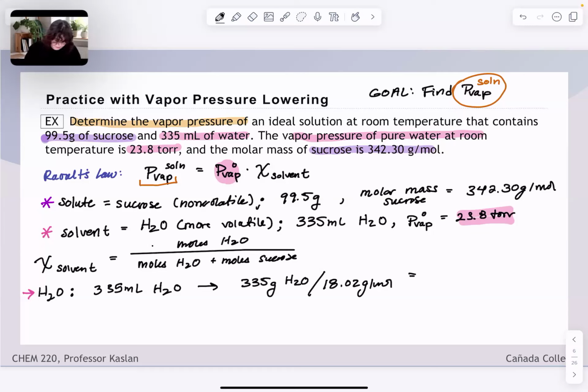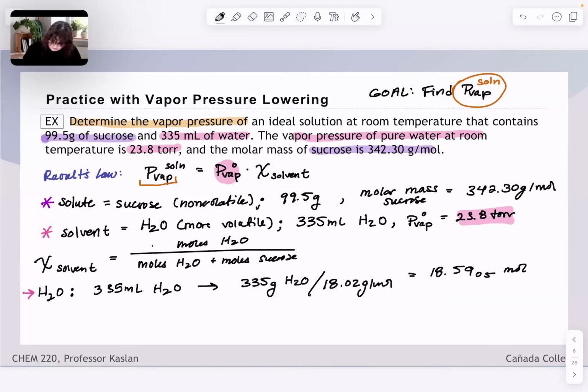So 335 grams divided by 18.02 grams per mole gives us 18.5905 moles of water.